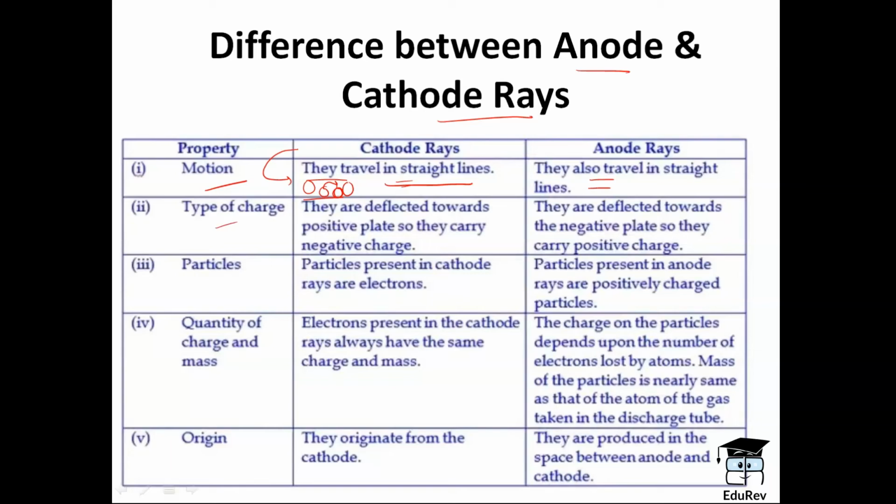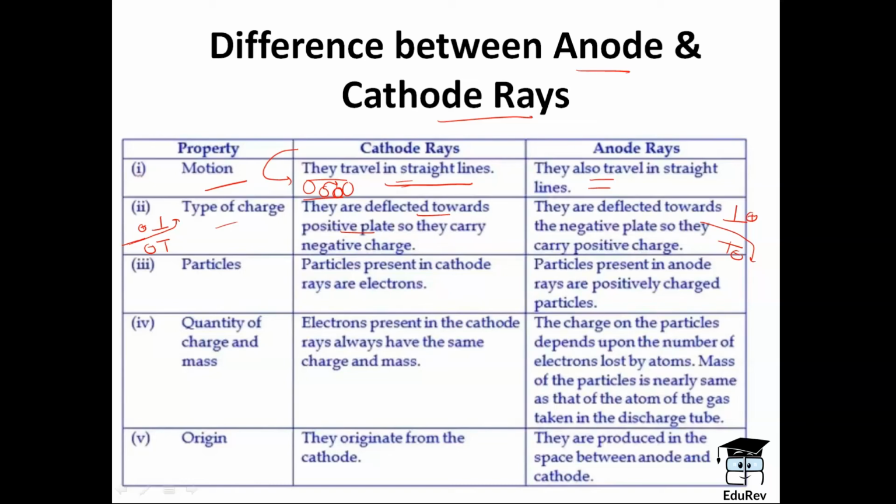Type of charge. Cathode rays were deflected towards the positive plate when an electric field was established. We saw that cathode rays were deflected towards the positive charge electric field plate. Whereas, when an electric field was established, the anode rays were deflected towards the negative charge. This meant that anode rays were having positively charged particles, whereas cathode rays are having negatively charged particles.